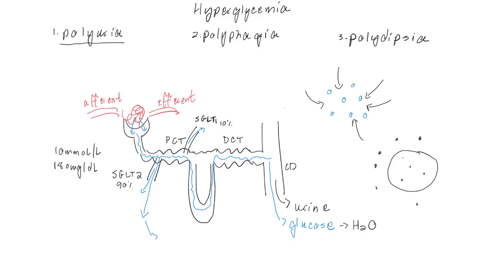Now, when you get a lot of particles surrounding this cell, for example, a lot of glucose, water is going to do what water does best, which is shift. Leave the cell to try and dilute. And now this cell is shrinking. It's lost fluid. It's lost volume. And this cell is not going to work quite as well as it could or should. So those are the reasons that we care about polyuria, and that's why it happens.